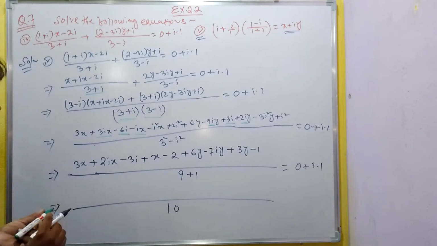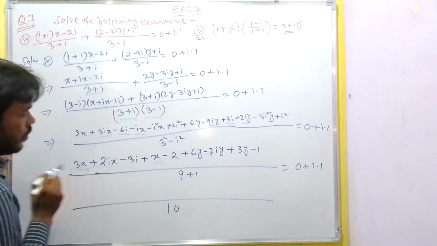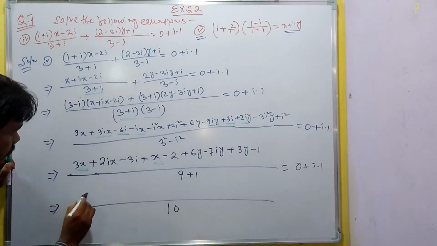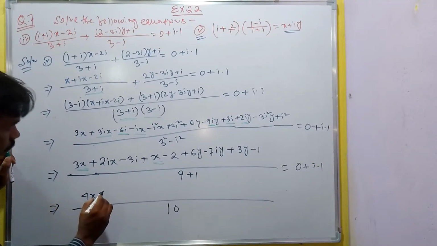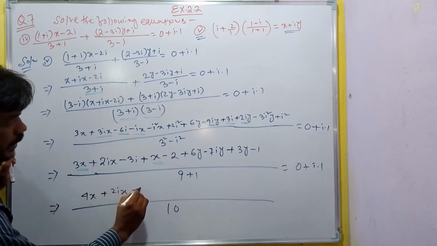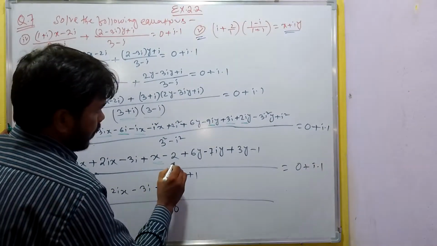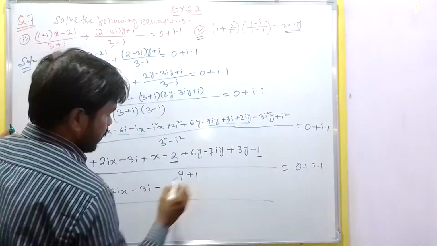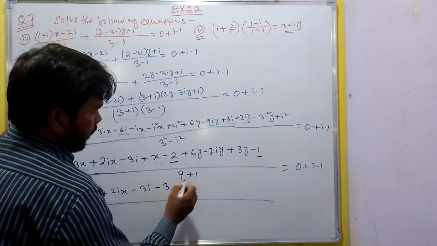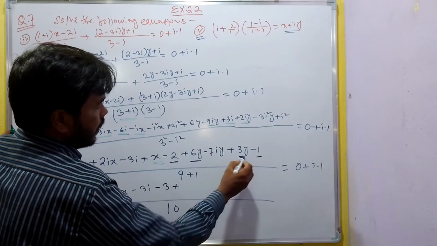Now this one plus 3x, this one plus x, so you have to write 4x, plus 2ix minus 3i. So minus: this one minus 2, this one minus 1, so minus 3. Plus this one 6y, this one 3y, so both are plus.